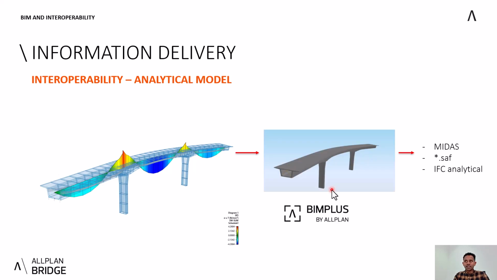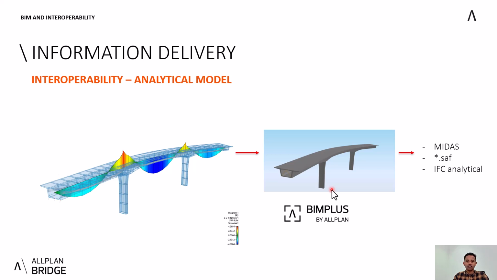And the second approach is to share via BIM+. So in BIM+, like I said, it's an open API platform, so you can use that to share the analytical model to other third-party software. For example, we have the connection to Midas, or you can also use a SAF file format directly from BIM+.